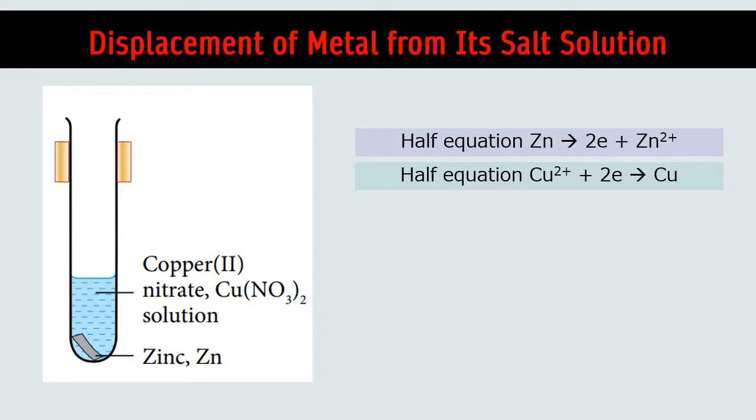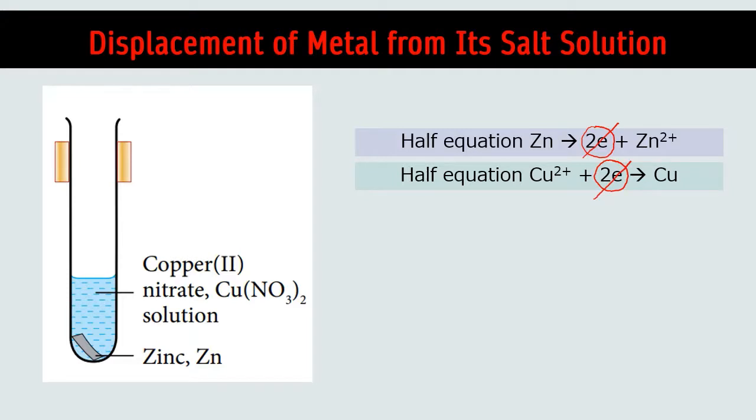Refer to the number of electrons involved in both of these equations. The oxidation half equation releases 2 electrons, while the reduction half equation consists of receiving 2 electrons. The number of electrons is equal, therefore we can cancel out the electrons.